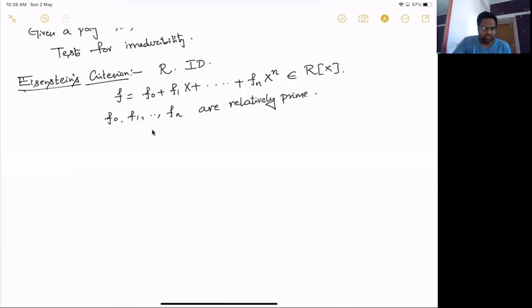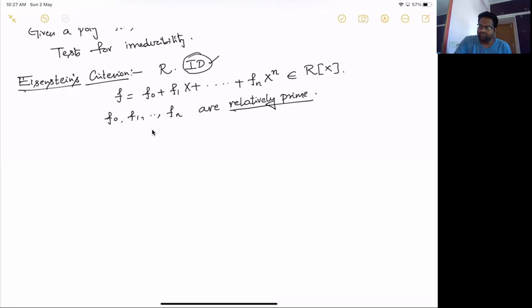You can talk about the notion of relatively prime even in an integral domain, because you have a notion of divisibility.